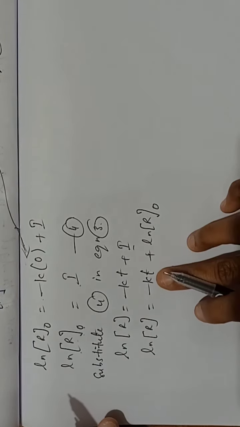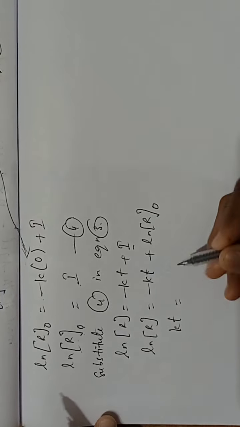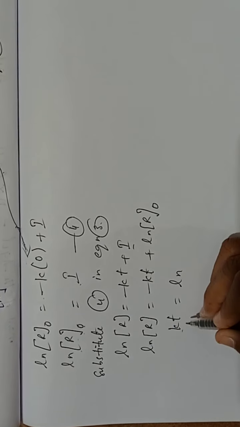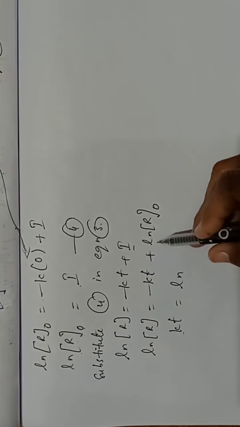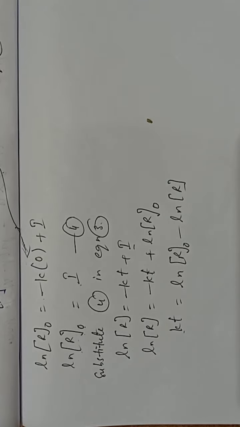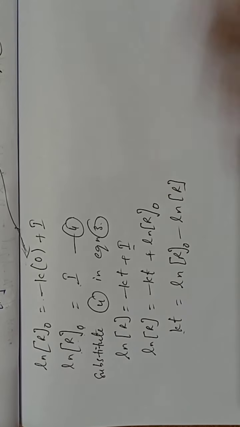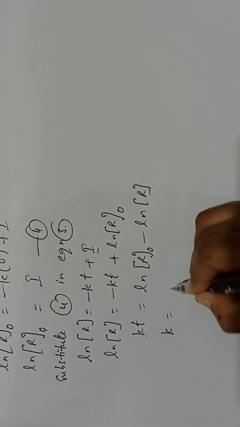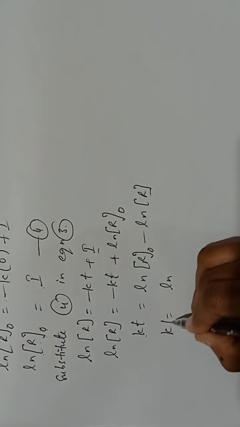So substituted. Now what can we write for kt, students? Kt is equal to, the right hand side is coming to the left hand side, plus will become plus ln r naught minus ln r. Clear? Ln r naught minus ln r. Next, what can we write?